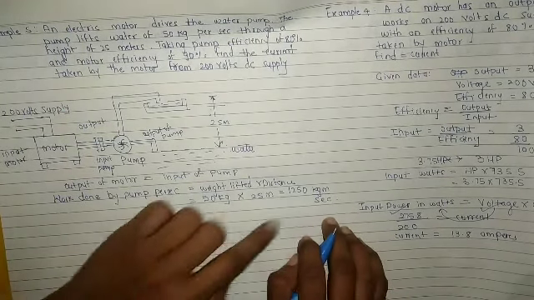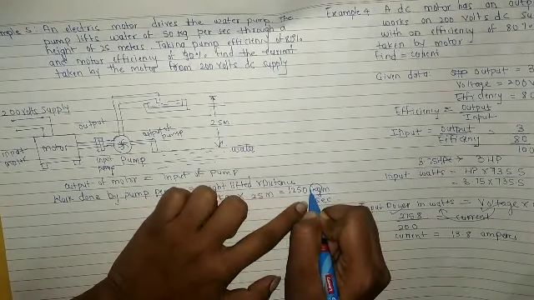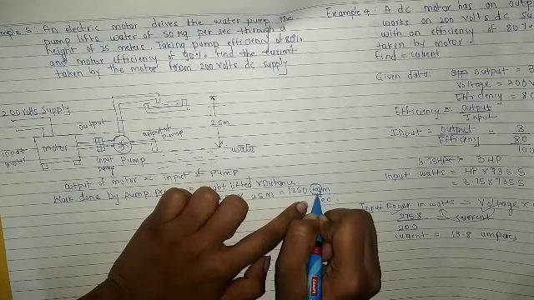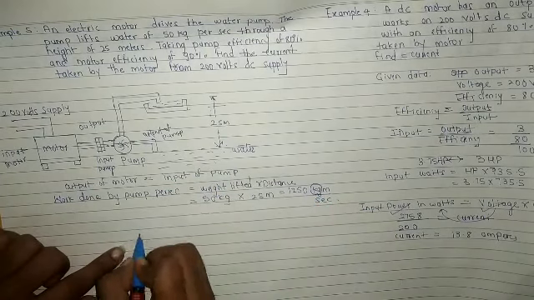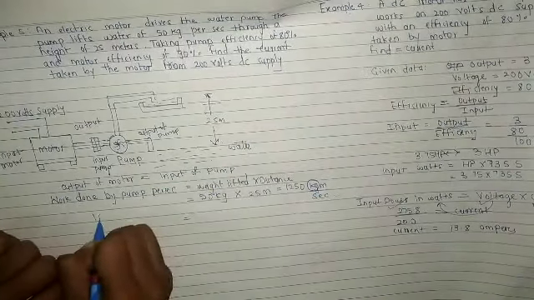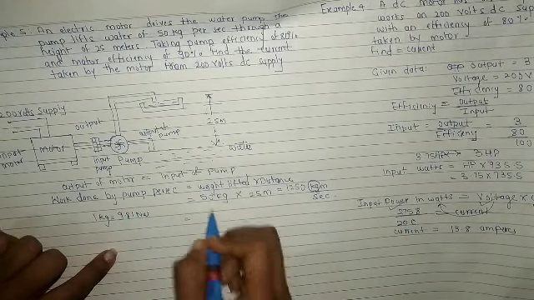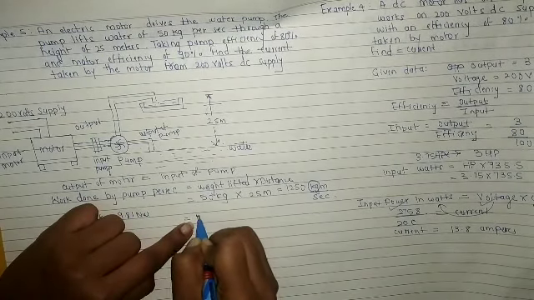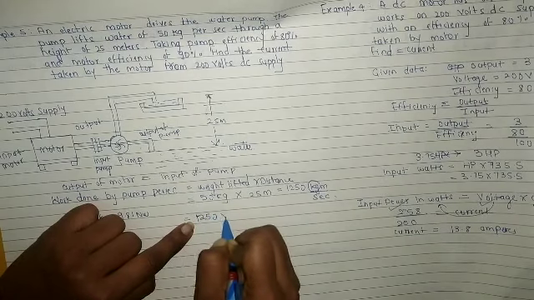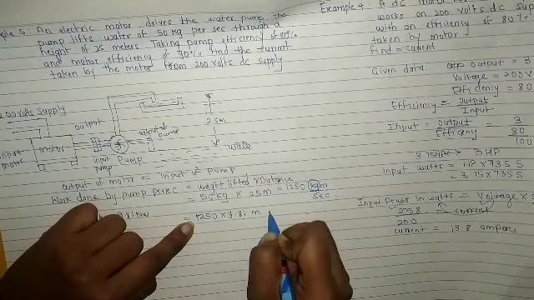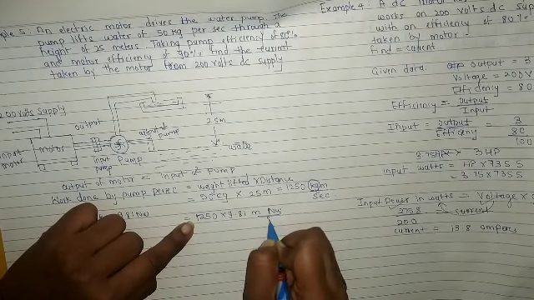Now this kg we have to convert into Newton. How will we convert it? 1 kg is equal to 9.81 Newton. So here we'll multiply 1250 by 9.81 meter. Instead of kg, now we'll write Newton per second.